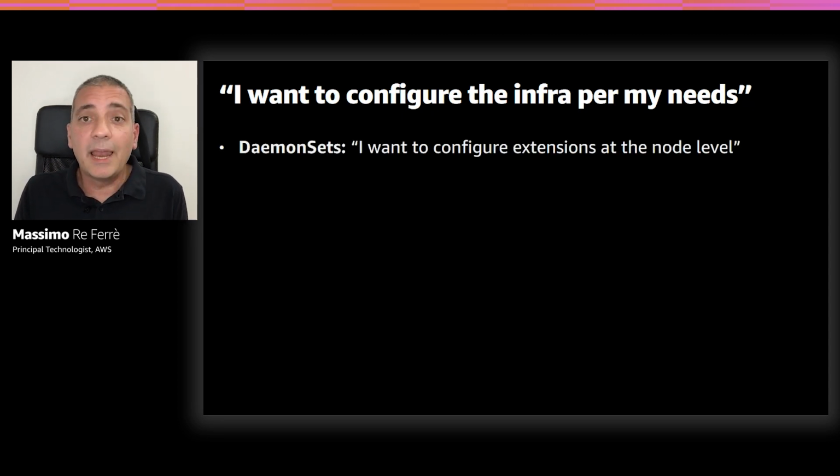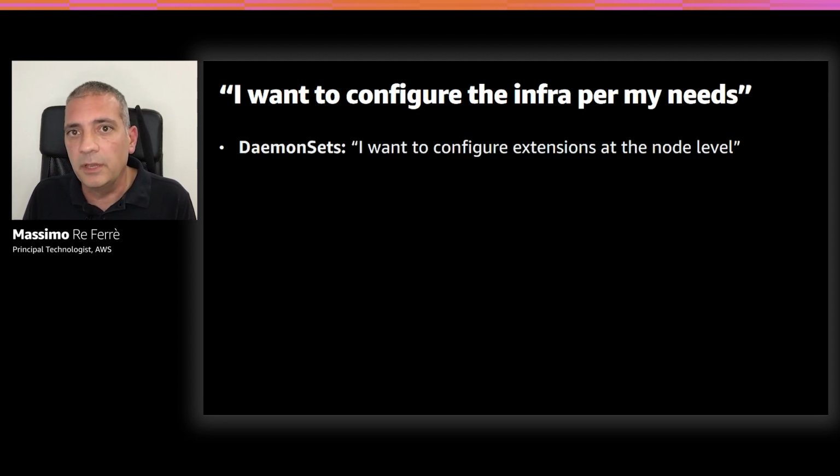One classic way to solve for this problem is to use daemon sets. A daemon set is a set of containers that gets deployed on each of the EC2 instances that comprise your cluster for infrastructure related things. Shipping logs is a good example, and I'm going to stick to it because it relates to a lot of things that each of us do on a daily basis.